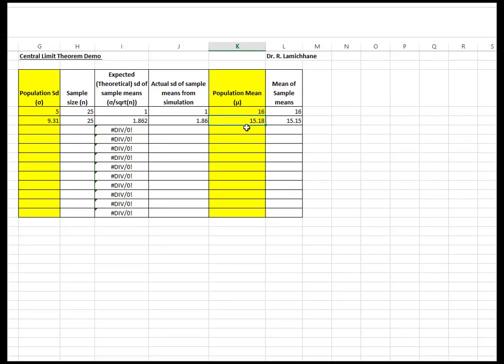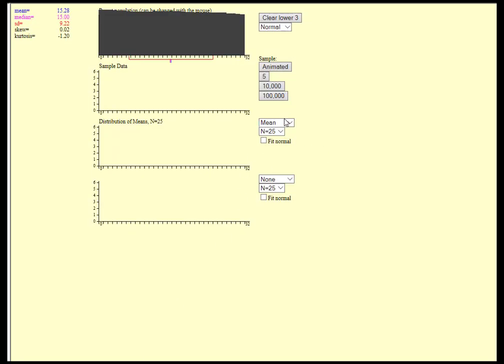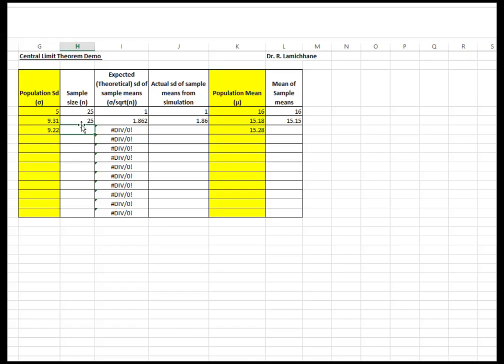Mean is 15.28 and standard deviation is 9.22. Now I'm using the same sample size, or maybe I can change the sample size a little bit here. This time I want to show you a slightly different thing. Let's say this is 16 now instead of 25. So the sample size is 16.